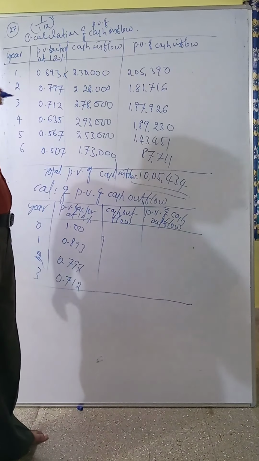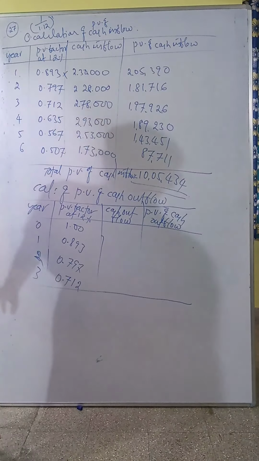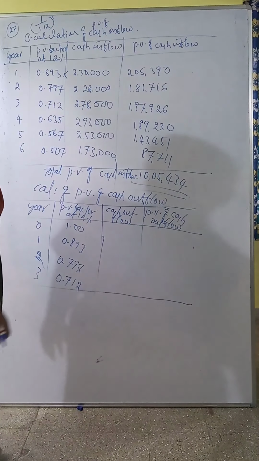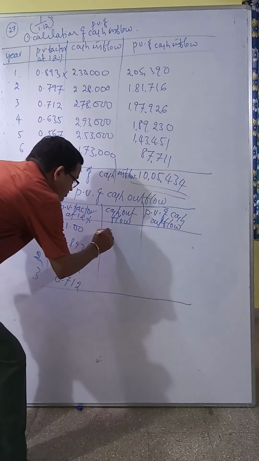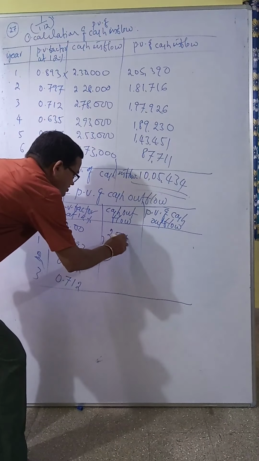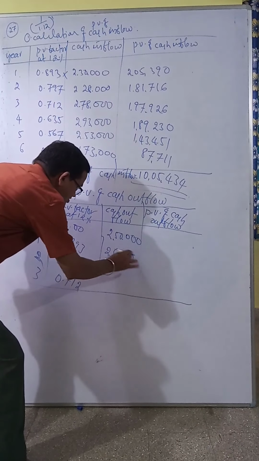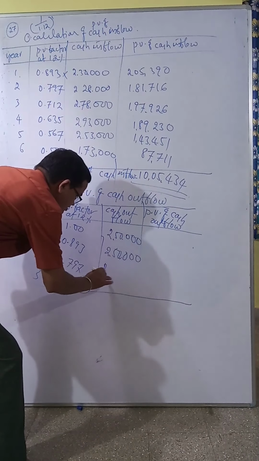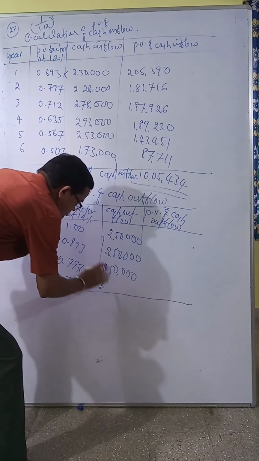So the year 0 is also one period. Then the cash outflow is given each year as 2,50,000. Here there are 4 years but you have to consider only the years 0, 1, 2, 3, each 2,50,000.